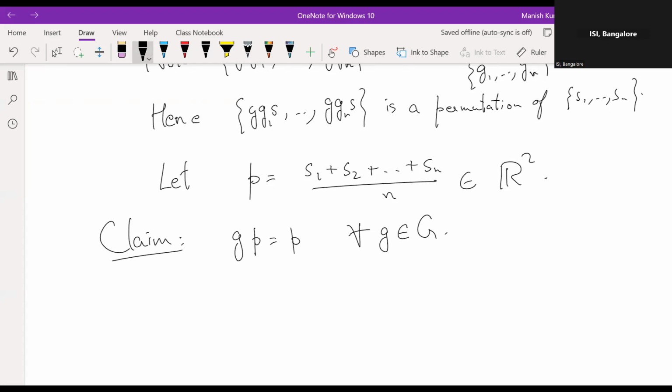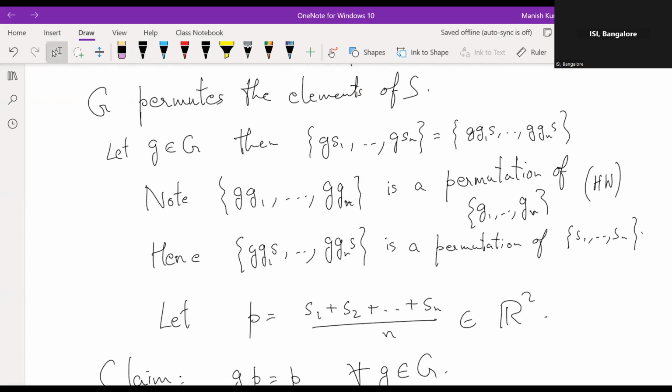So why is that? Basically, the point is this set doesn't change.